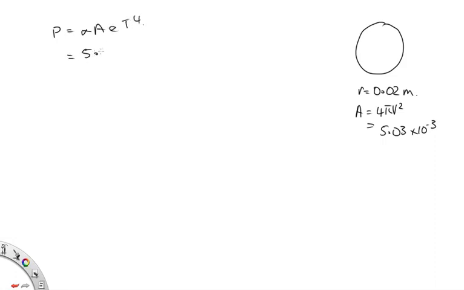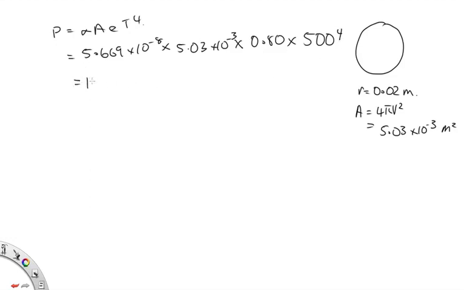Substituting in 5.669 times 10 to the minus 8 times our area, 5.03 times 10 to the minus 3, it's meters squared, times e, which we're told is 0.80, times the temperature to the power of 4, which is, we're told, 500 kelvins. So solving that, we get 14.2 watts. So this is emitting 14.2 joules each second. That's what a watt is.